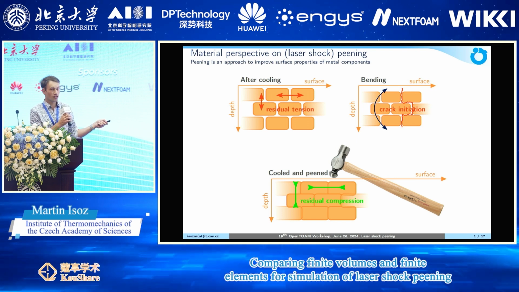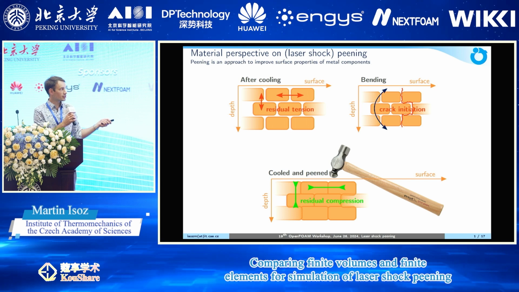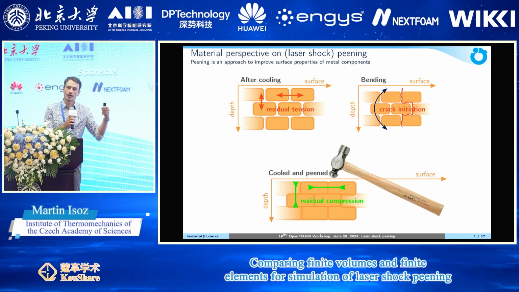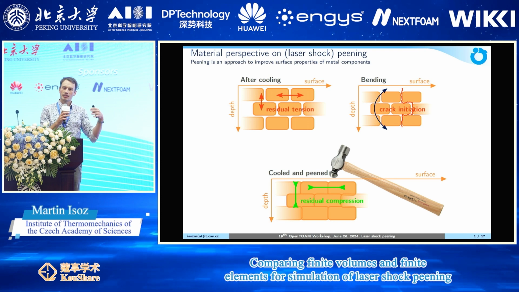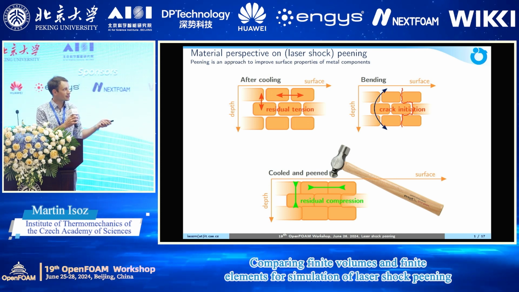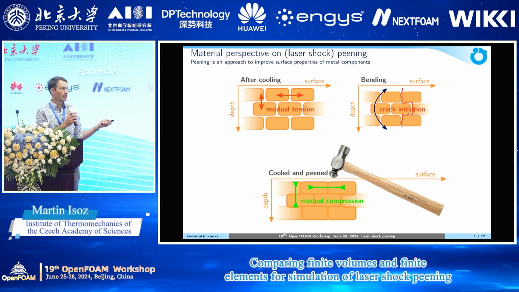This generates residual tension close to the surface of your part. And if you start to use the part, bend it and so on, the tension creates crack initiation first, and then it promotes crack propagation.